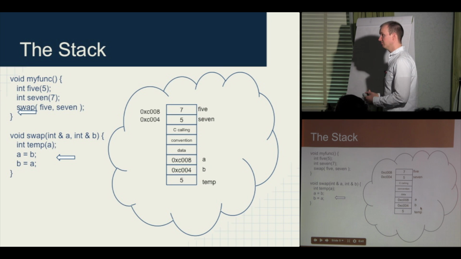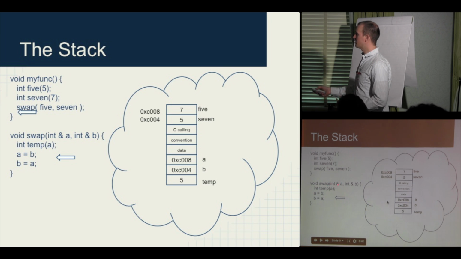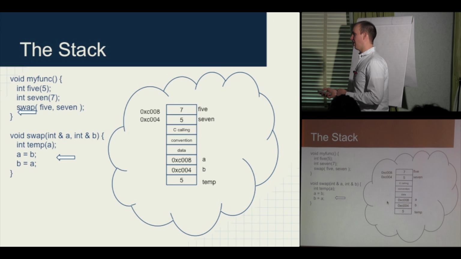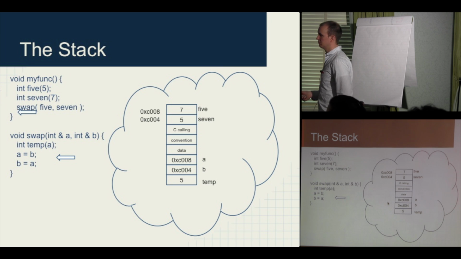Yeah? So the function to dereference that pointer, how did you... What's going on here is that references syntactically behave like variables, but under the hood are pointers. So even though it says A is getting this value, what's really going on is not this thing, but whatever A is a reference to, which in this case is 5. So 5 is A, and 7 is B. But in swap, you're assigning A and B. A is the pointer, it's a memory location.